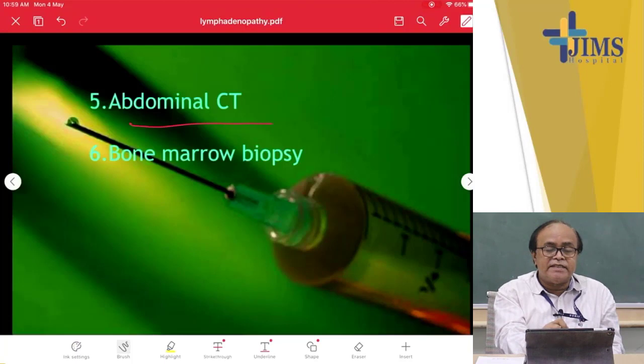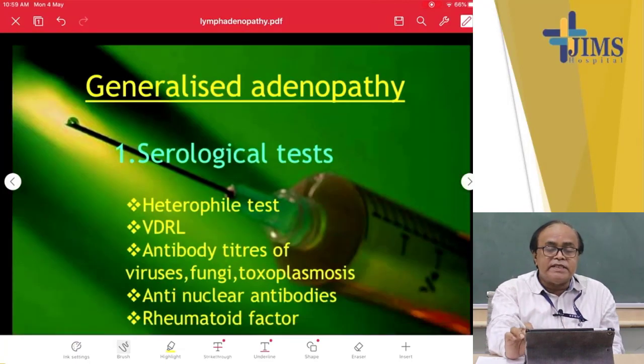staging the diseases. Then bone marrow biopsy, that is also important to diagnose bone marrow diseases. Generalized adenopathy: serological tests, VDRL, heterophile antibody titer, virus, fungus, toxoplasmosis, antinuclear antibody, rheumatoid factor.